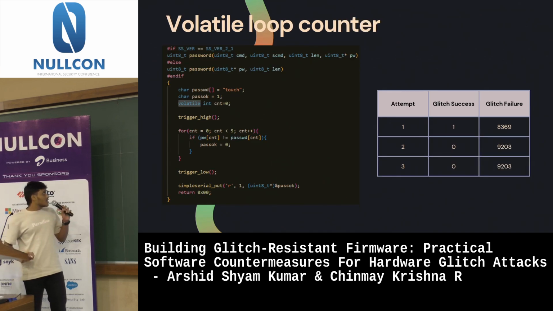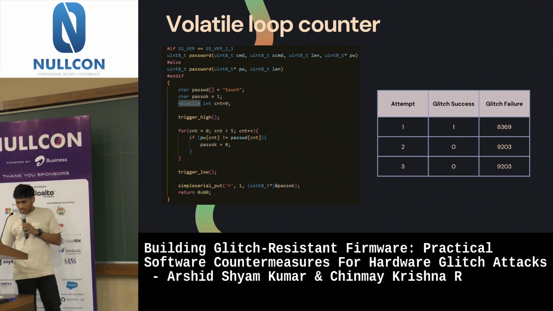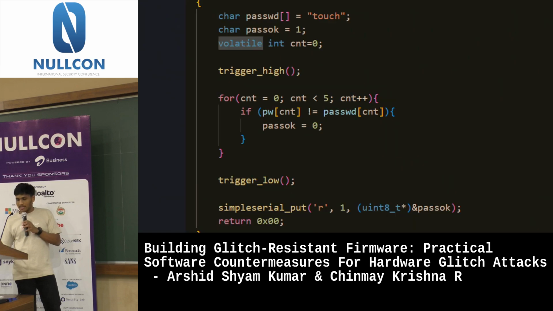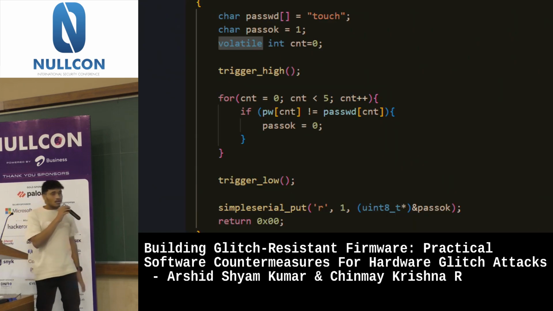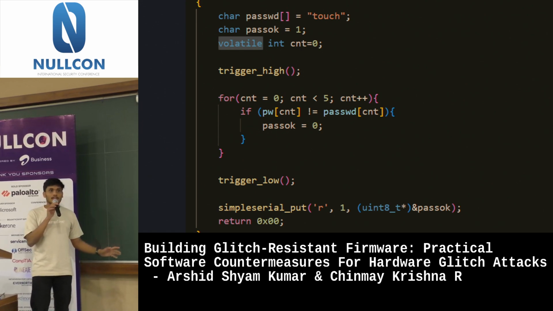The first thing we decided to do was, notice the loop counter here. The loop counter CNT variable previously was an integer, and now we just changed one word, which is making the integer CNT variable volatile.